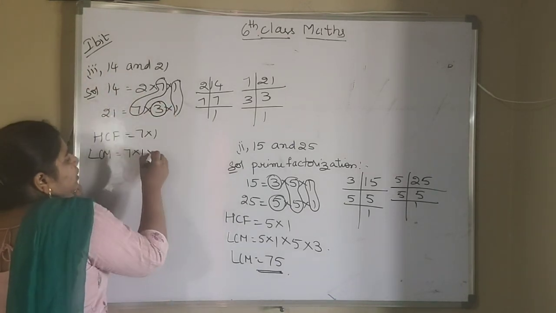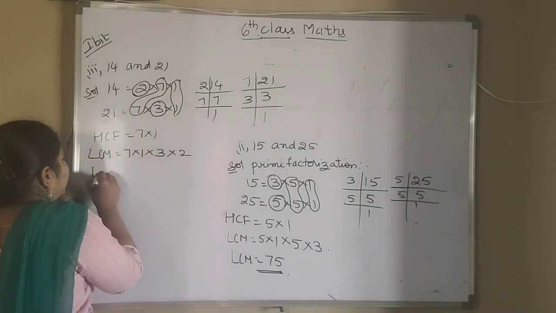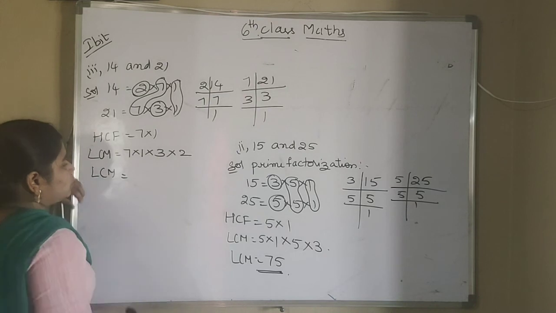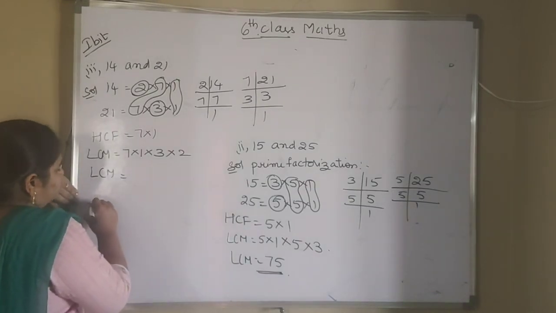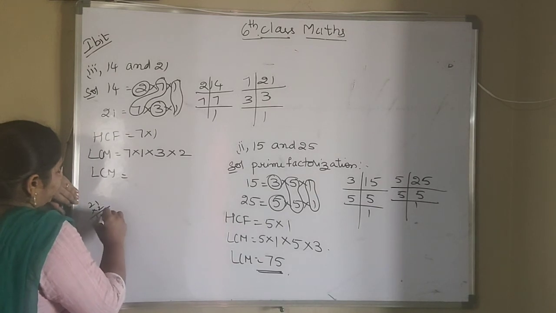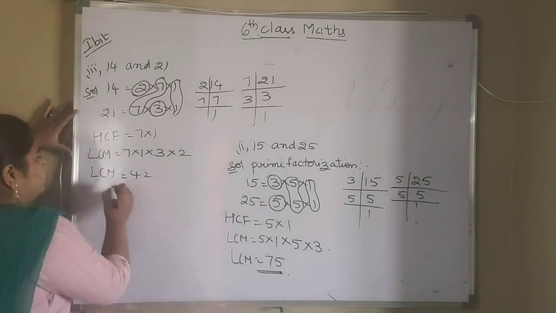So 3 is also remaining, and 2 is also remaining. Now you find the LCM: 7 3's are 21, 21 into 2 will be 42. So you got the LCM as 42.